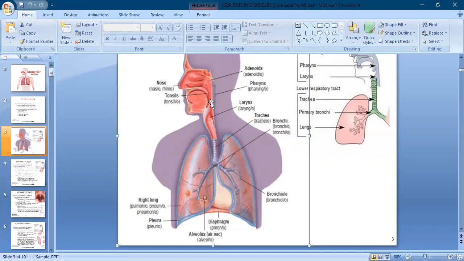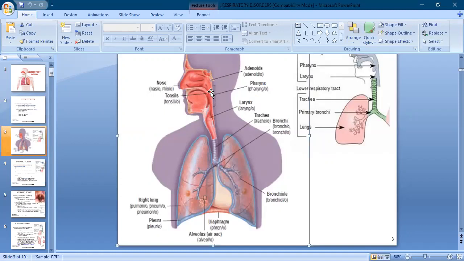The pharynx then continues to the larynx. So this portion is a common pathway for respiratory and for gastrointestinal. So there are some orifices there. When you eat something, this orifice should be closed and food will not come to the respiratory system.